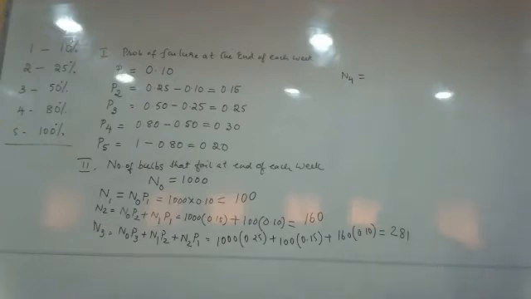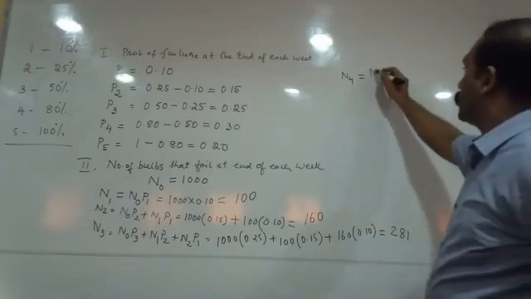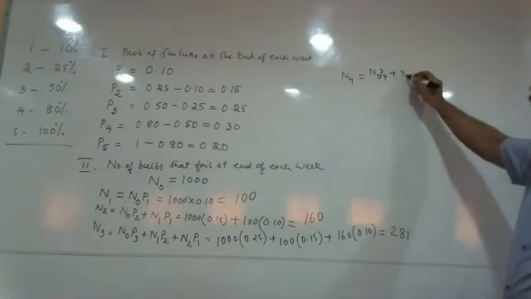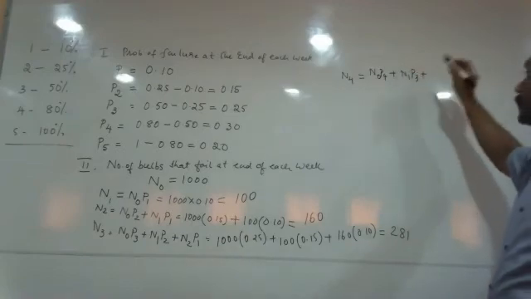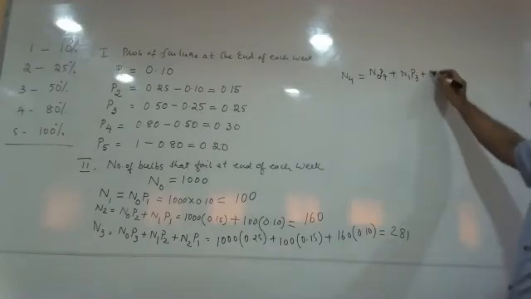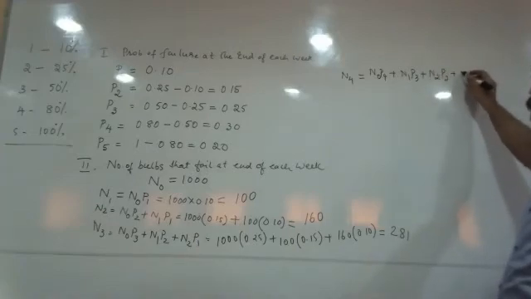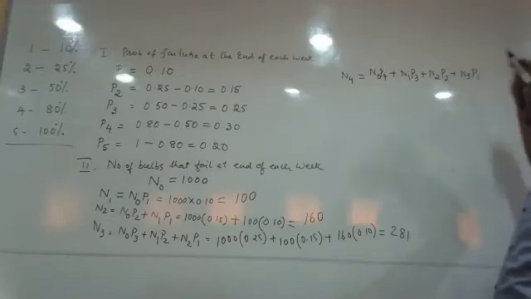N0 P4, plus N1 P3, good, plus N2 P2, okay, plus N3 P1. Very good.